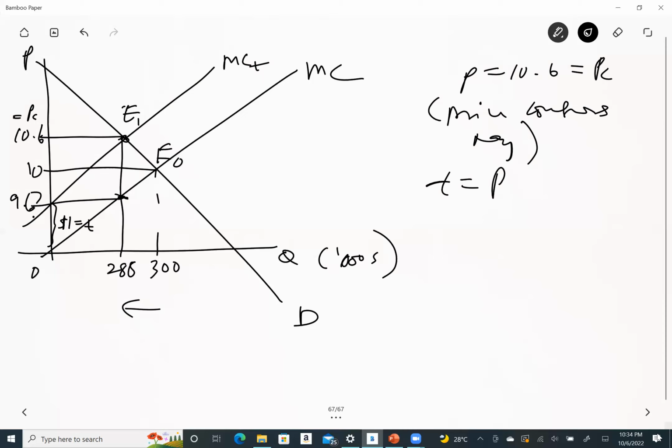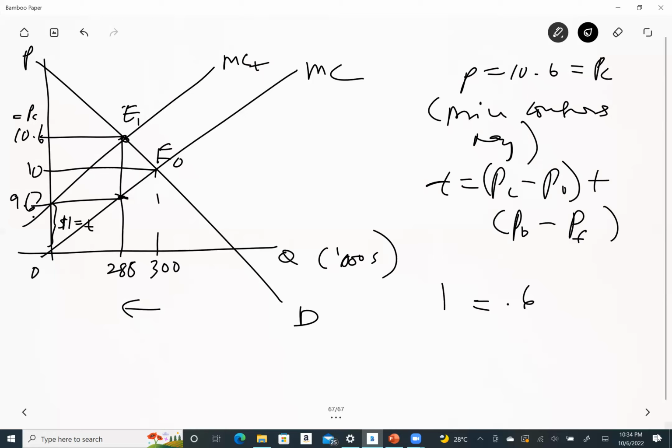T is equal to PC minus P0 plus P0 minus PF. So PC minus P0 is 0.6.